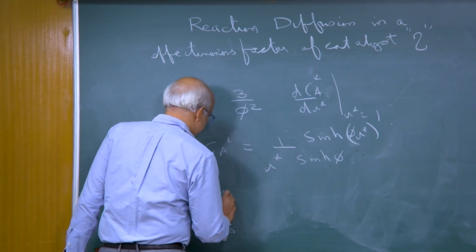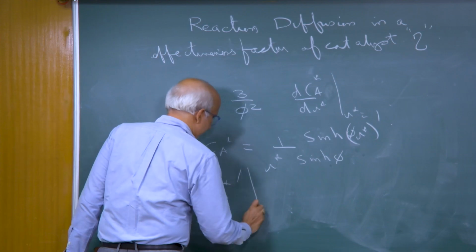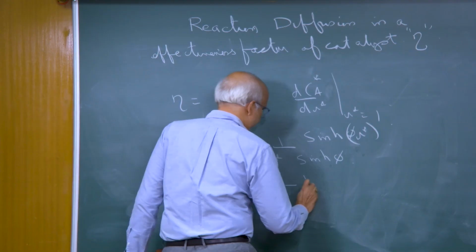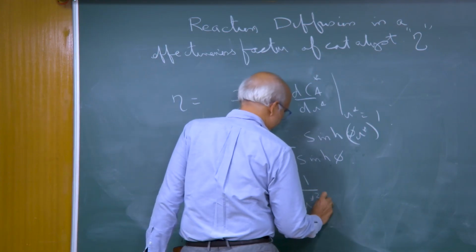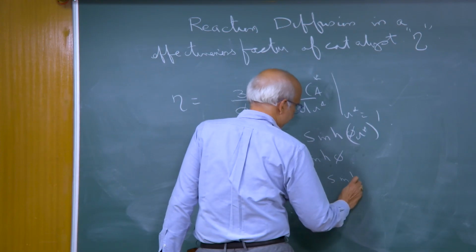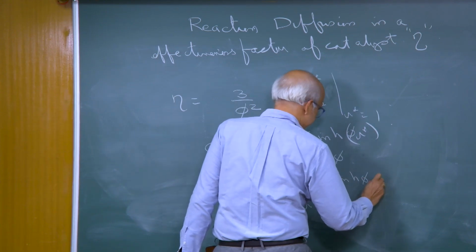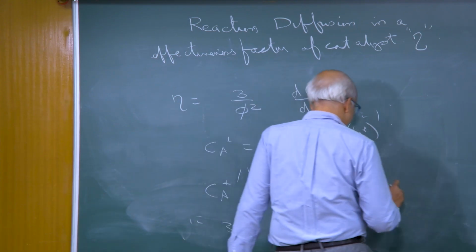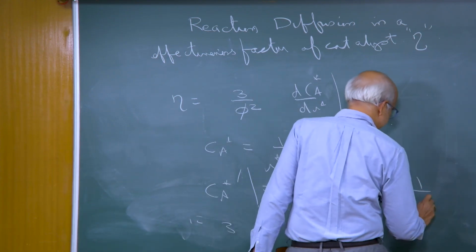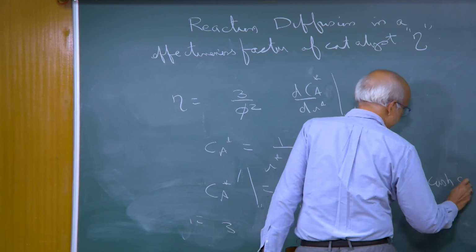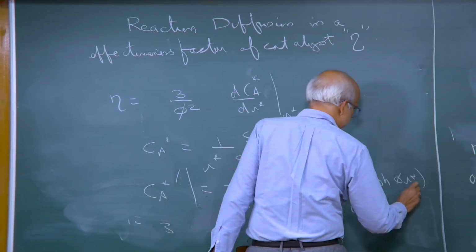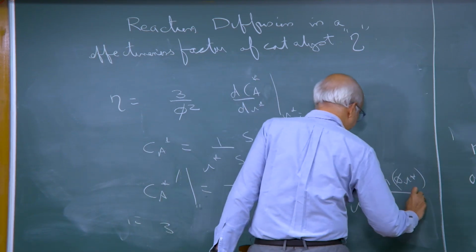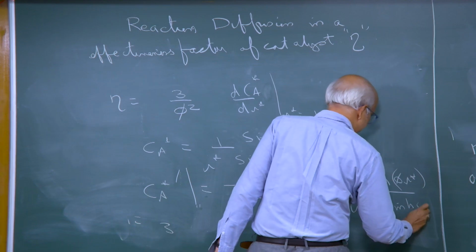So, the CA star derivative equals, what is it, minus 1 by r star squared sinh(phi r star) by sinh(phi), plus 1 by r star cosh(phi r star) by sinh(phi).